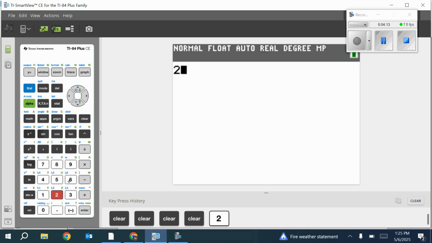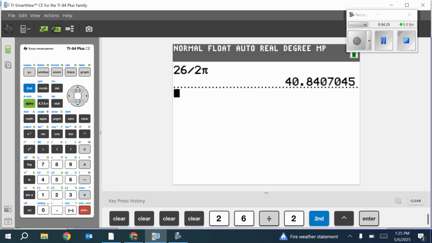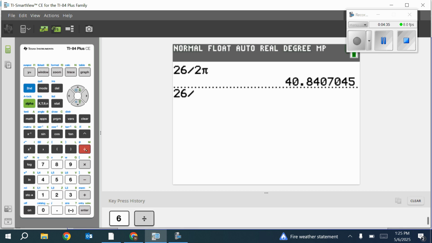If you take 26 divided by 2, and by the way, the pi button is right here, your calculator is not smart enough to keep that pi in the denominator, so it's going to give you a much bigger number than what we want it to be. We want to take 26 and divide by 2 pi, both of them in the denominator. So you have to put parentheses.